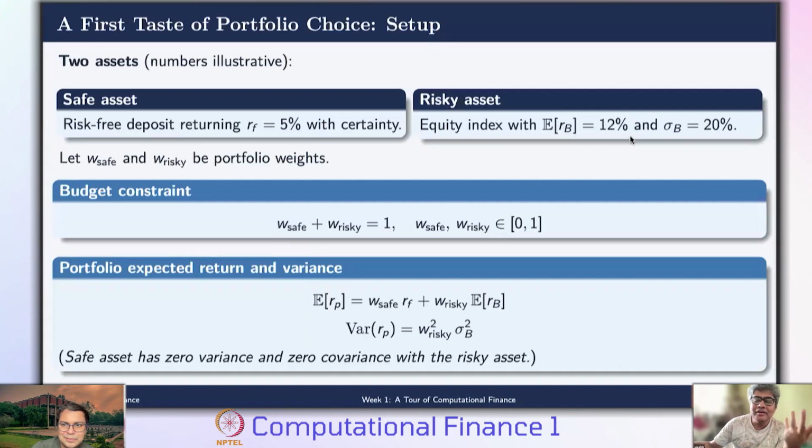And some part they can just buy Nifty ETF, Nifty 50 ETFs, and they just forget about it. Now the question is how much they should put into government bonds and how much they should put into Nifty ETF. So this is actually not a textbook problem.